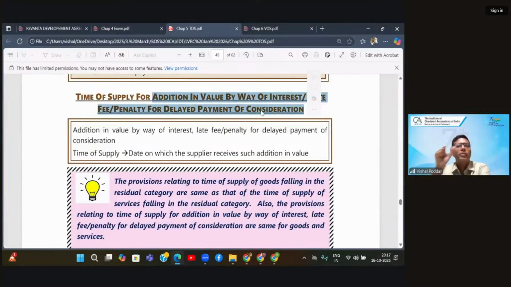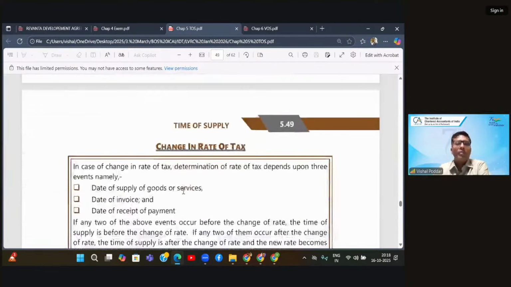It takes the color of the original supply of goods or service. So this interest or penalty is also liable to tax on the same lines as the original supply. But the question is, at the time of original supply, we did not know about this interest or penalty. This happens in future. So what is the time of supply of this interest or penalty? The answer is, the time of supply is the date on which this interest or penalty is actually received.